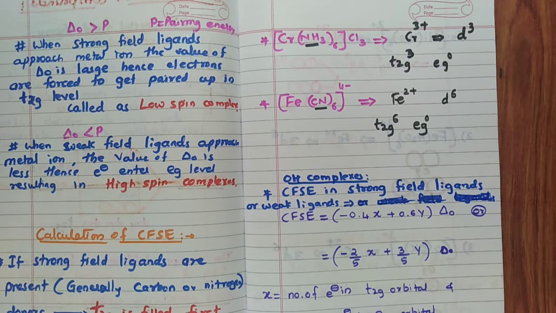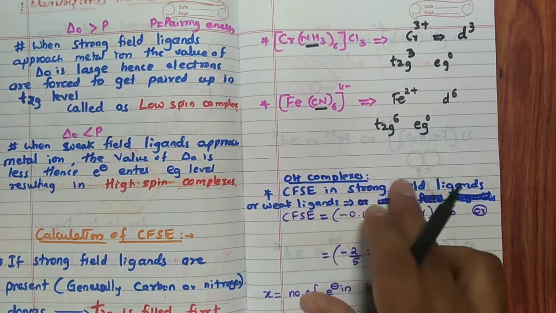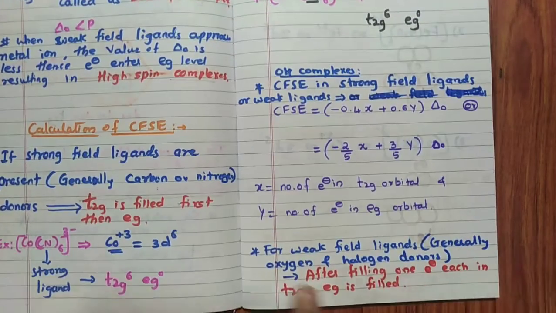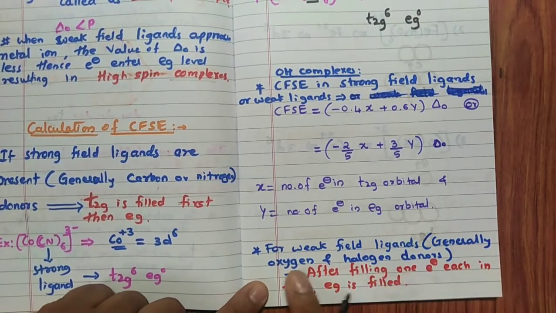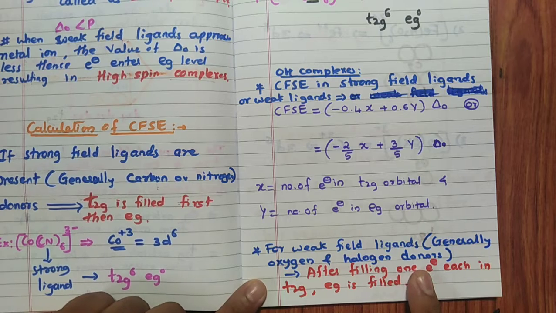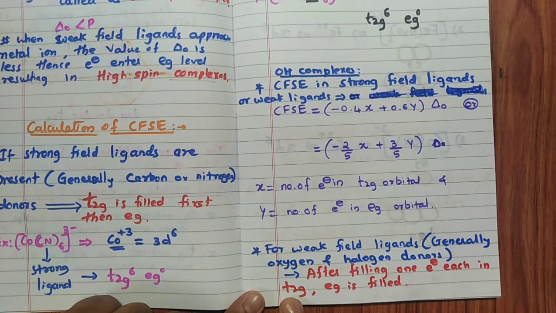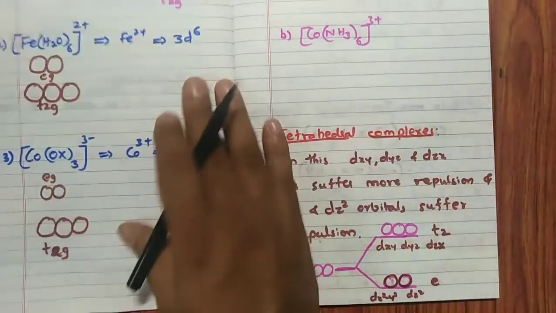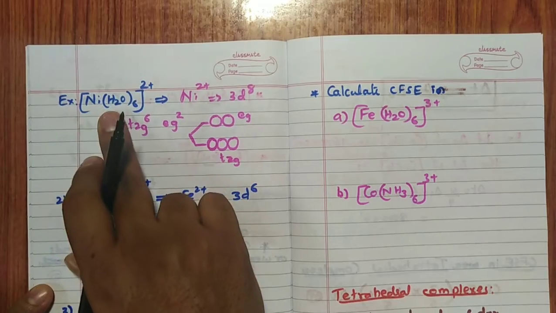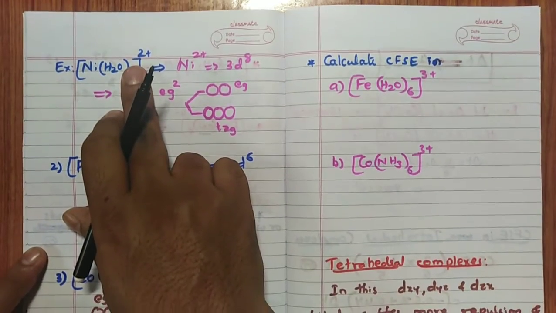So for weak field ligand, first I will tell you that, then I will come to this CFSE calculation. See, for weak field ligands, generally oxygen and halogen donors, after filling 1 electron each in T2g and half filled, Eg is filled. So we'll see some examples. See here, Ni(H2O)6 2 plus I have taken.